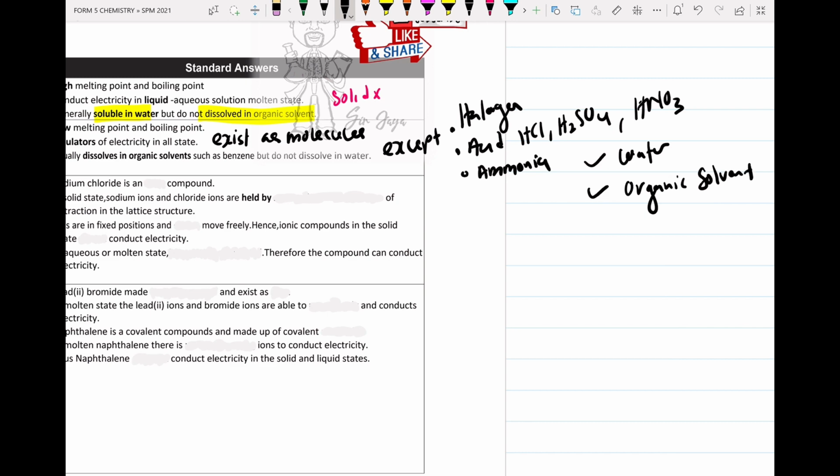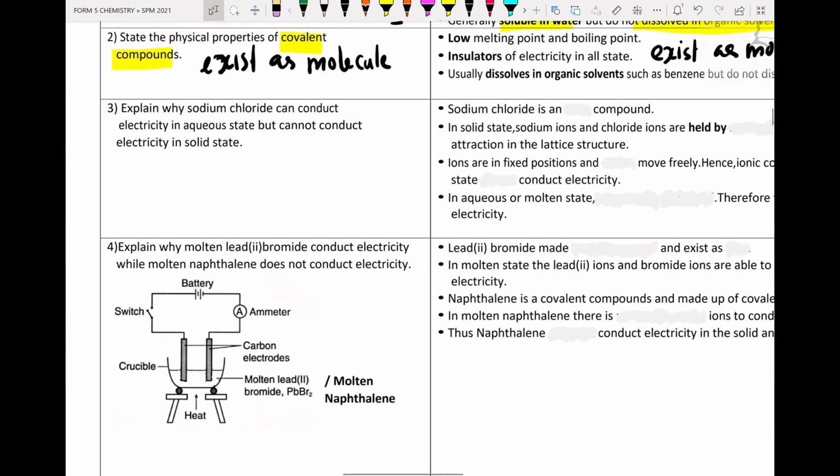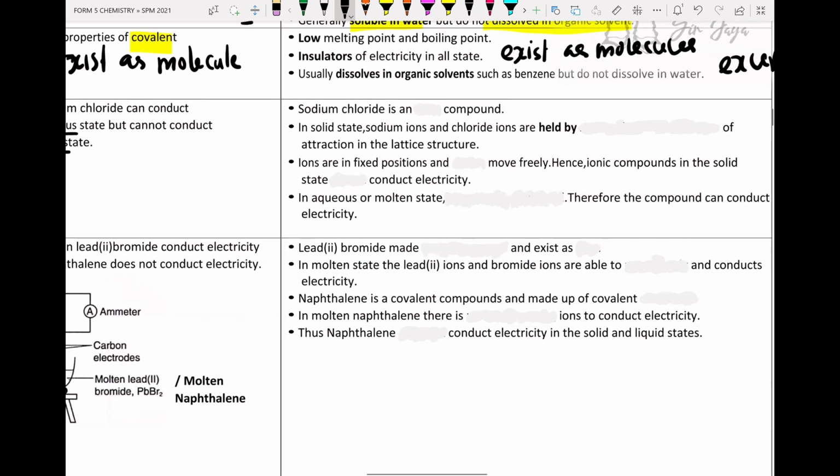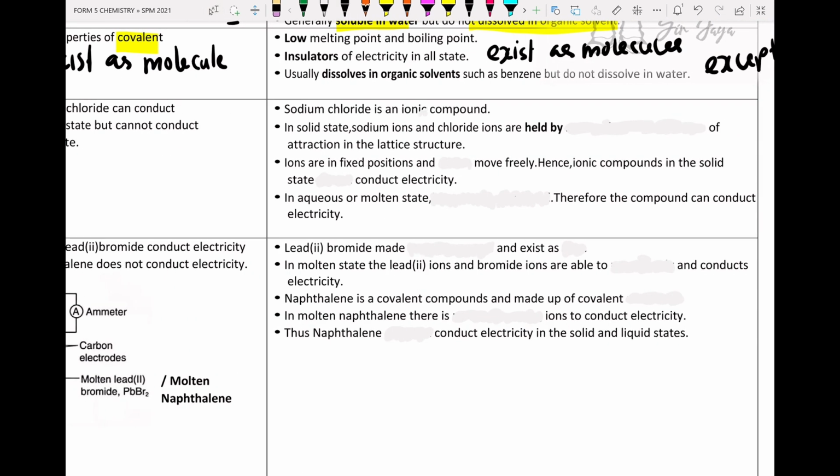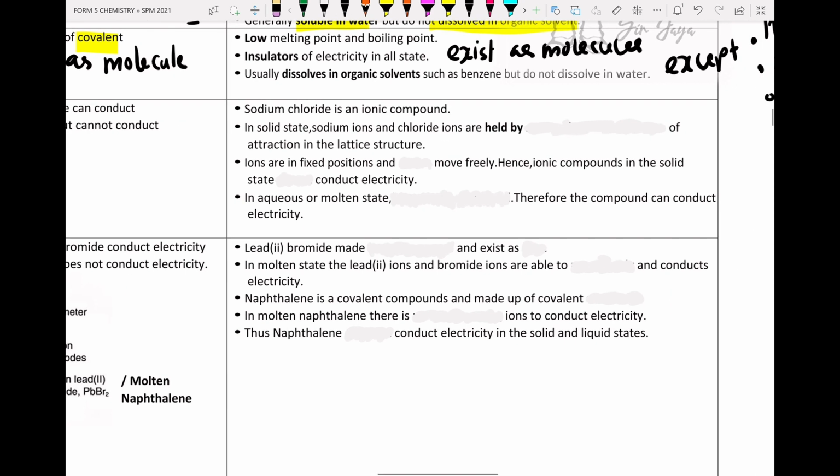All right, we move on to the next question. Explain why sodium chloride can conduct electricity in aqueous or molten state but cannot conduct electricity in solid state. Sodium chloride is an ionic compound, so it exists as ions.